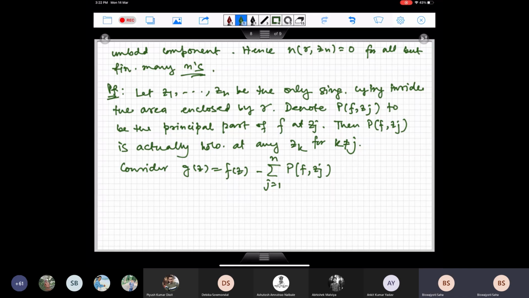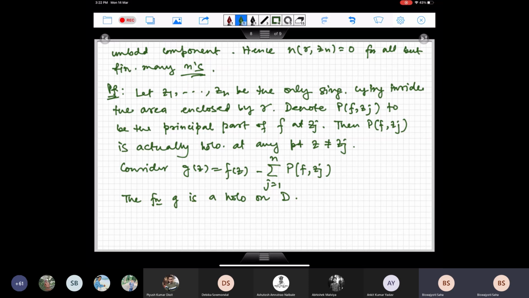Okay, so it turns out that the function g is a holomorphic function on D. Why? Because you take any point of D; it is holomorphic for any zj with k not equal to j. Not only that, it is holomorphic for any other point, so I should write it's holomorphic at any point z not equal to zj.